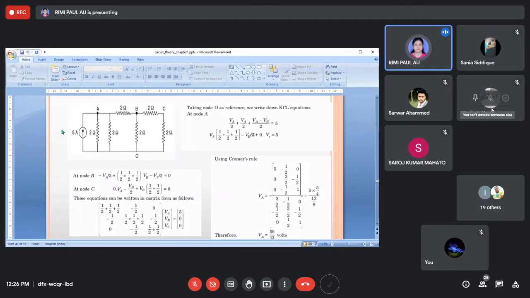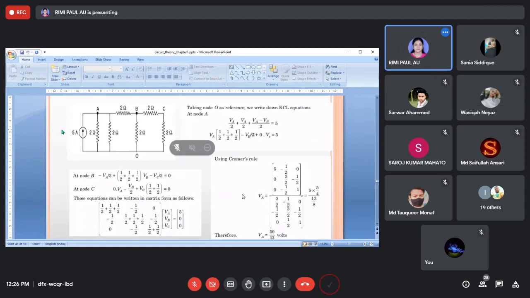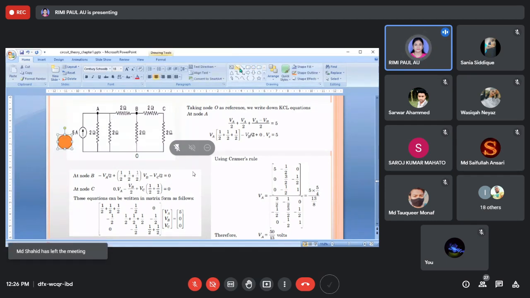So what will be the answer here? If I convert it, 5 into 2 gives 10 volt, and the current is flowing upward, so current is flowing from minus to plus. Here I can write a plus, and here I can connect a resistance.